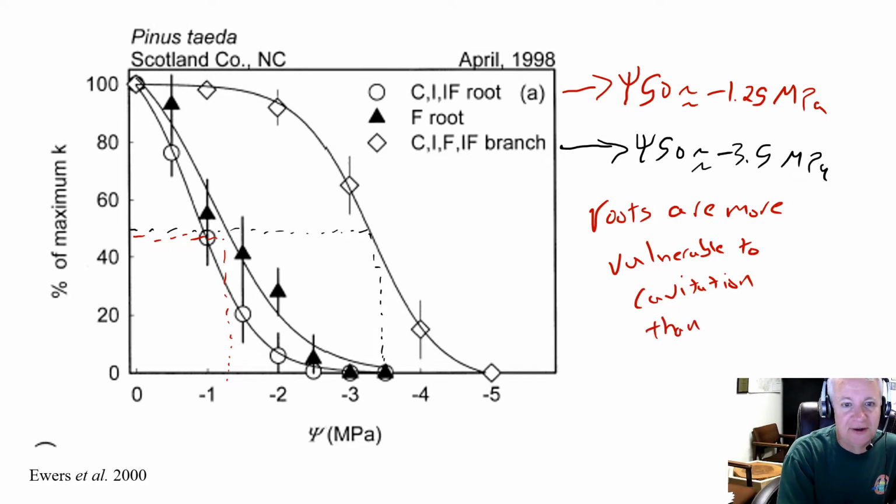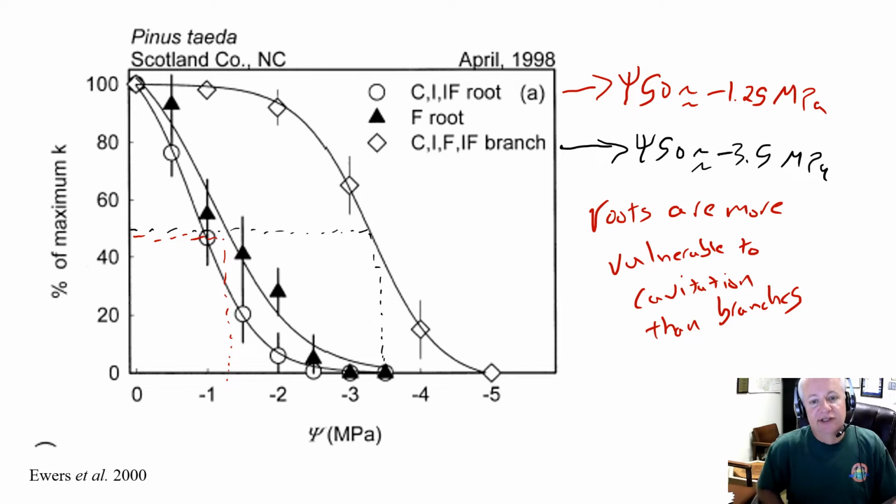And this is an early paper. It makes me feel old. This paper is about 23 years old, and I remember when this paper came out. But this has held up in the literature in that roots are very often shown to have a less negative psi 50 than either stems or branches. There's some speculation in the literature about why that may be.